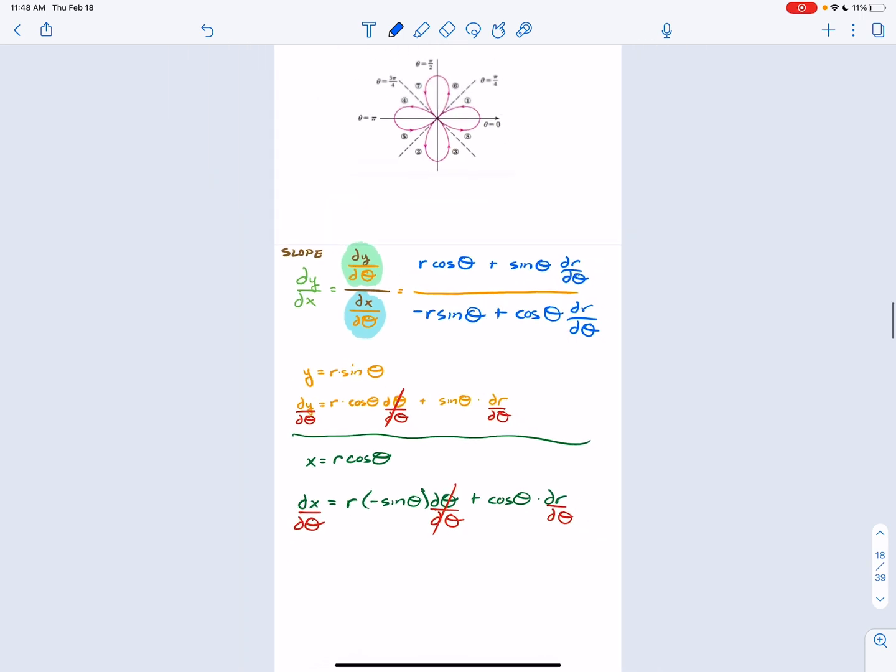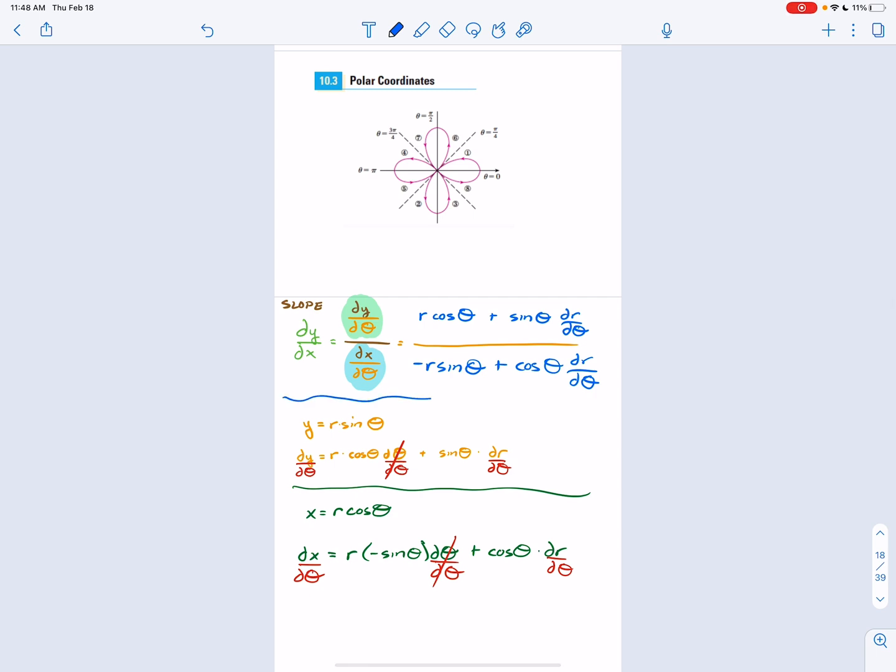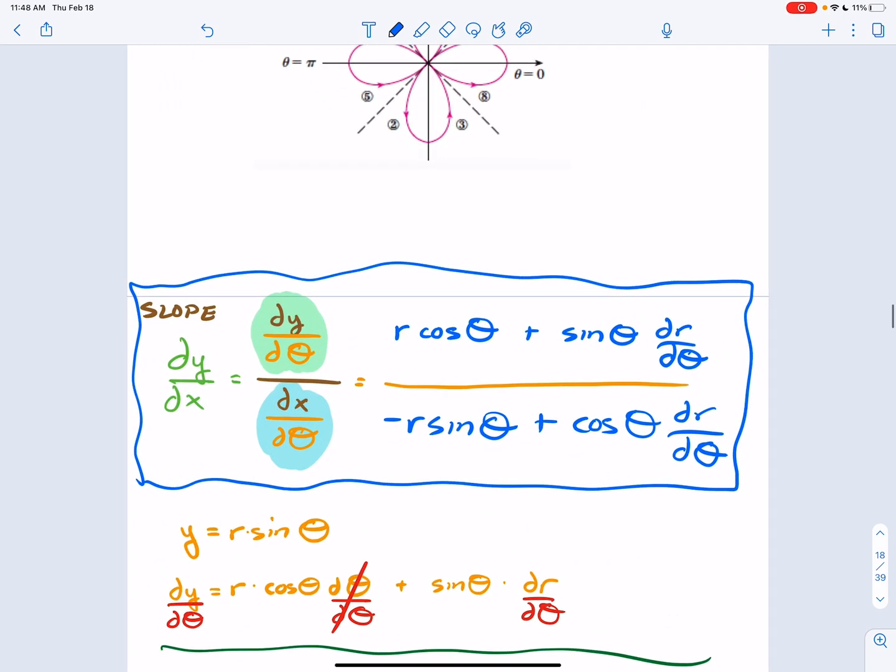You will need to know this. Some people like to derive it so that they remember how it works. Other people notice that there are patterns. If you're more of the pattern type, notice how they both have dr d thetas.